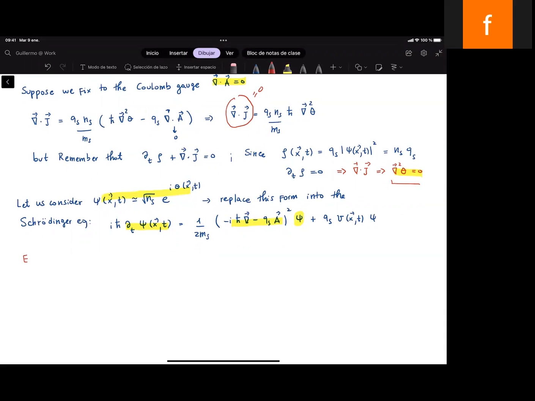Then here, prove the following. This is an exercise. Prove that there is the following equation that we can relate: minus h bar, the partial derivative of the phase at x comma t, equals a parameter lambda that I'll define later, over twice n_s, times the density current squared, plus q_s times the scalar potential at x comma t.